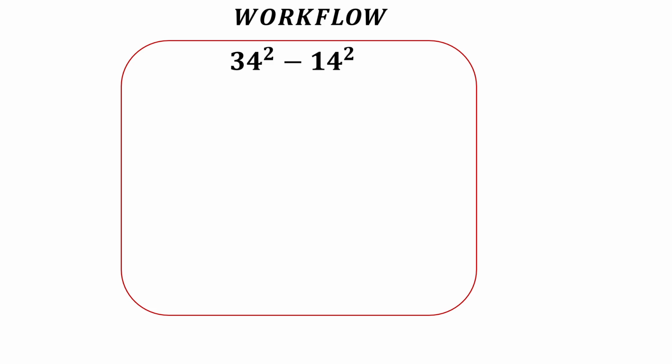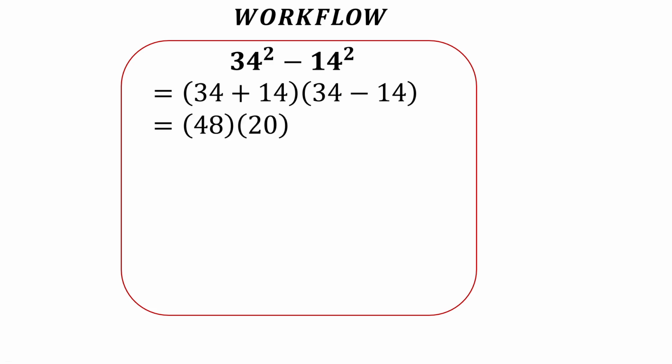Using the formula we've established, that's going to be 34 plus 14 in one bracket, 34 minus 14 in another bracket. 34 plus 14 is 48, and 34 minus 14 is 20. So this is the same thing as 48 times 20, which gives you 960.